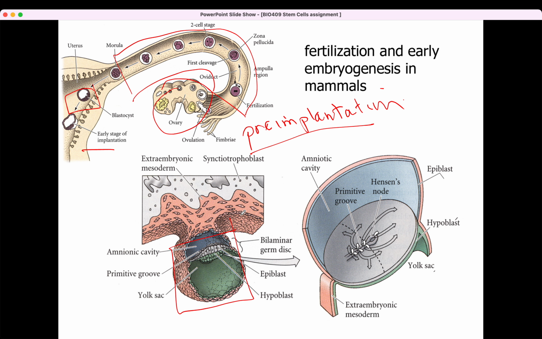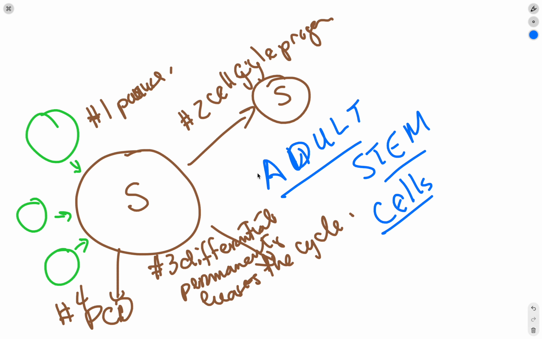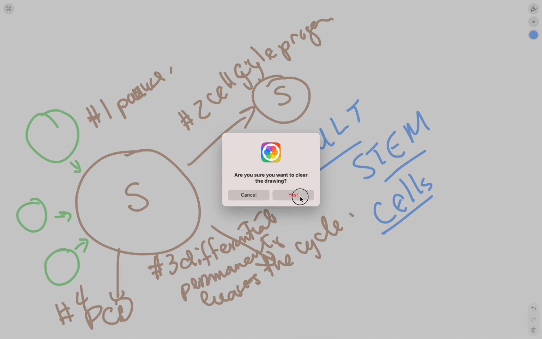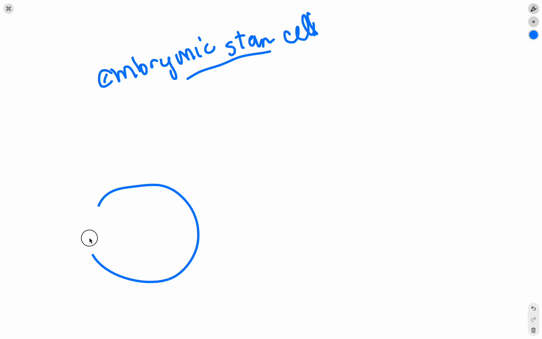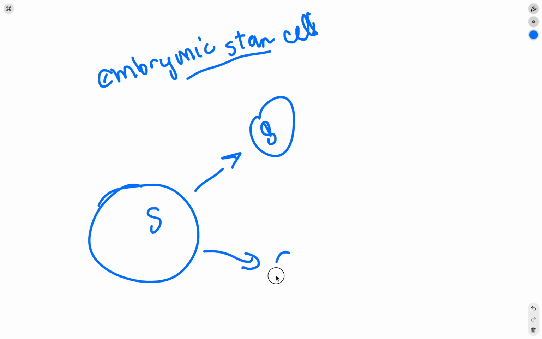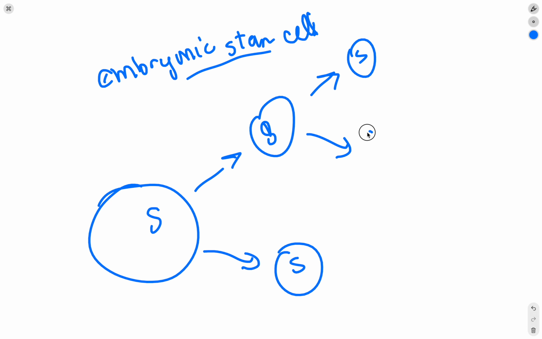Okay, so what we want to do is a second drawing now. Our first drawing, remember, says asymmetric cell division. Our second drawing is going to be pretty simple, but pretty important. We're going to draw an embryonic stem cell. And when it divides, they all have full potential, so it's going to divide over and over again, like that.